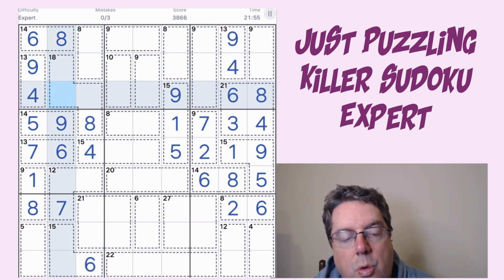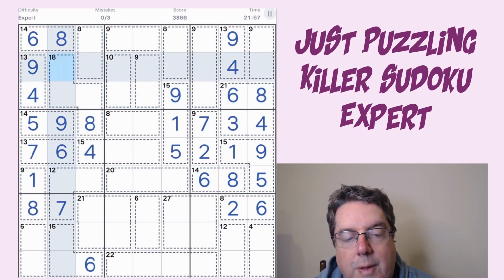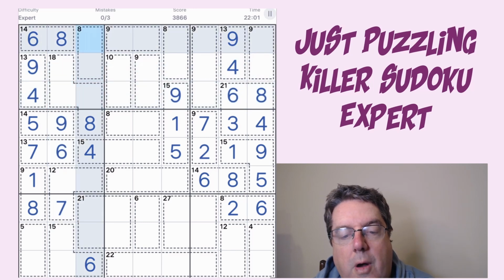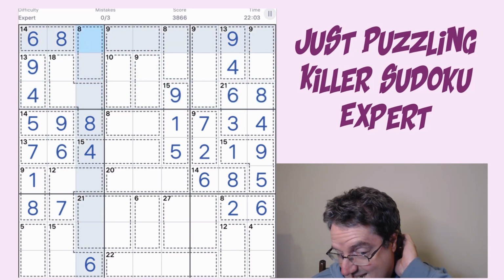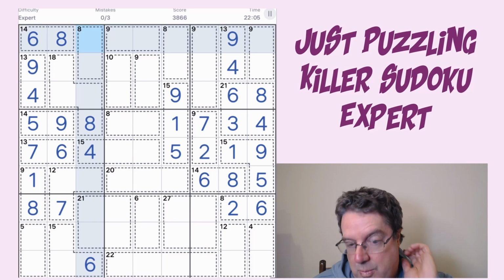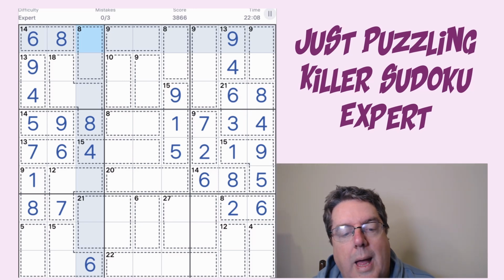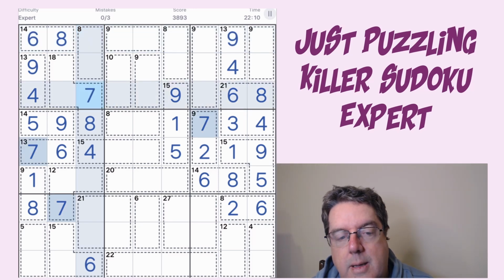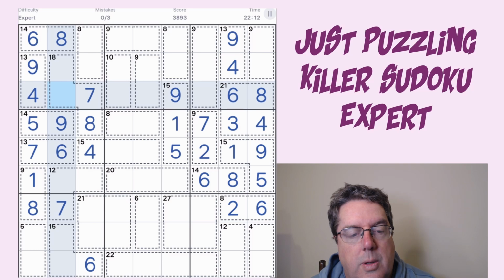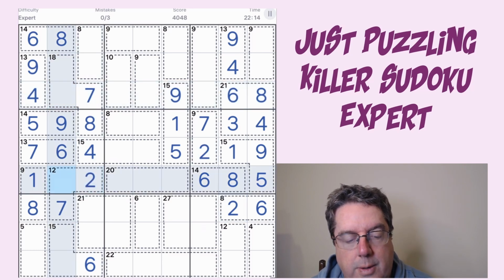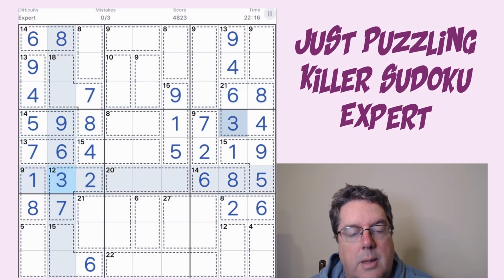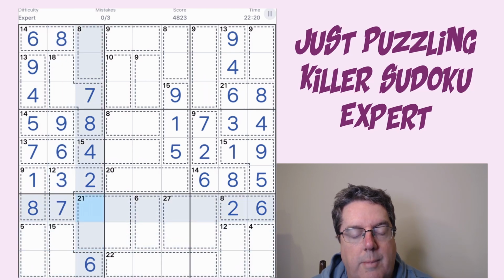So 5 there, 2 and 3. That's 2 and 3, so that can't possibly be that. So this here is a 5 and 3, which leaves me with a 7 there, 1 and 2. So that's a 2, that's a 3, 4, 5, 9, 1.